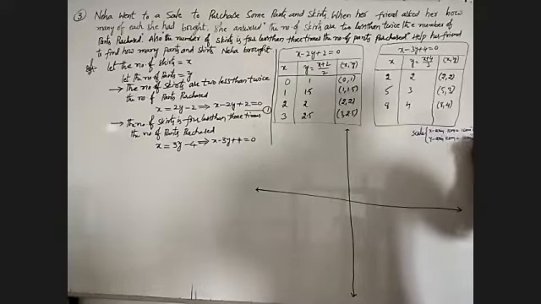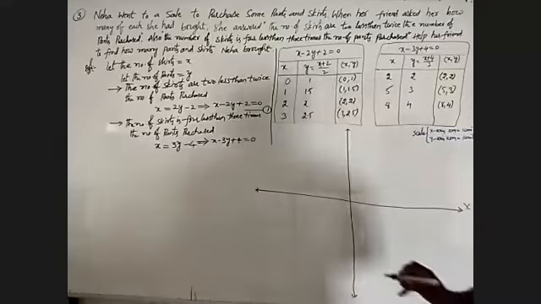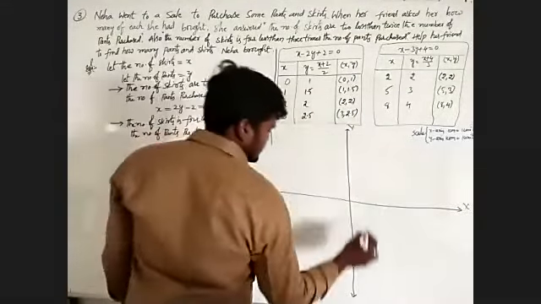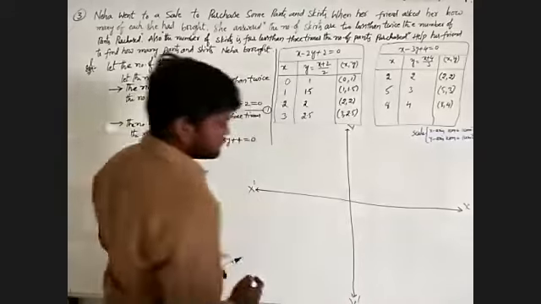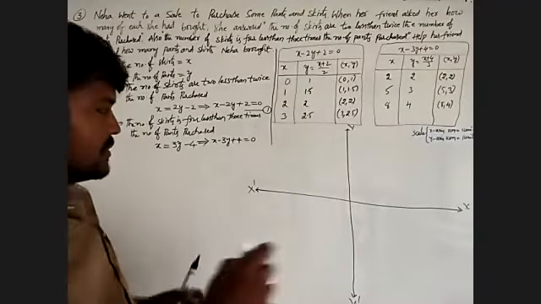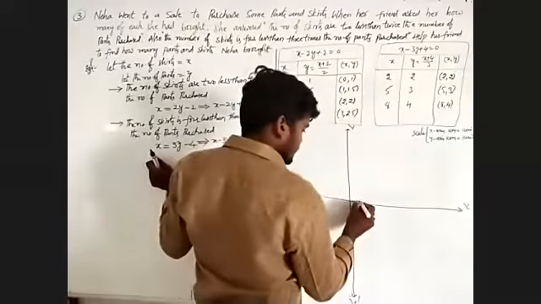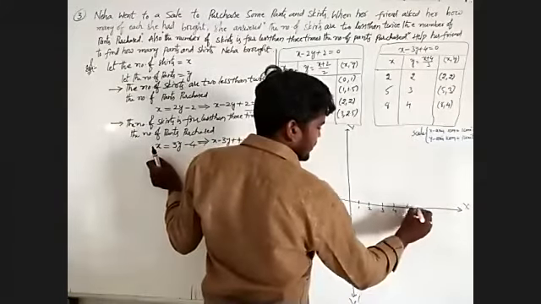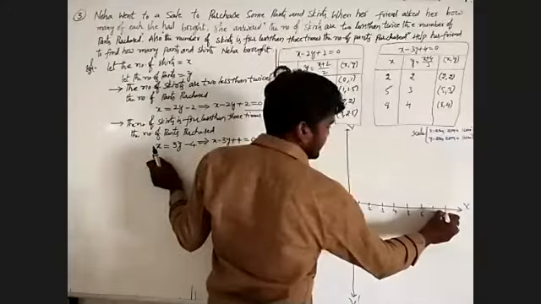This is the x axis, this is x dash, this is the y axis, this is y dash. Here we have to plot the values. This is 1, 2, 3, 4, 5, 6, 7 and also 8.